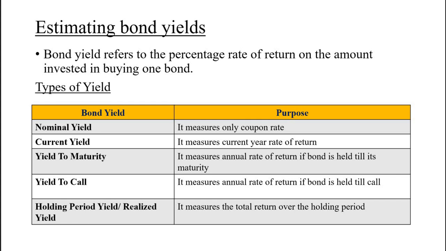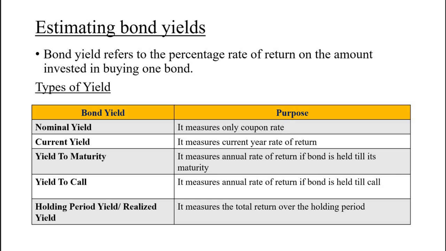So, in today's class, we are going to start with the next concept called estimating bond yields. Before starting this, first we'll understand what yield is. In simple terms, yield is whatever return we are getting on an investment.